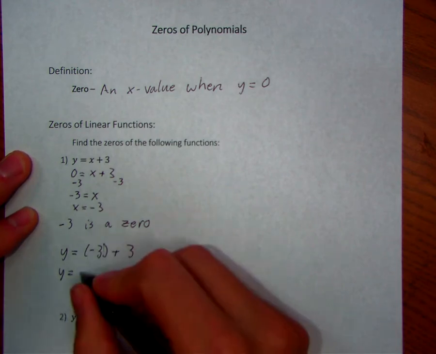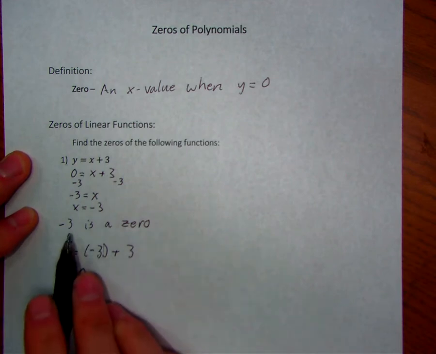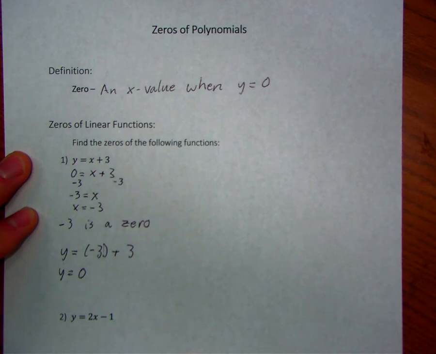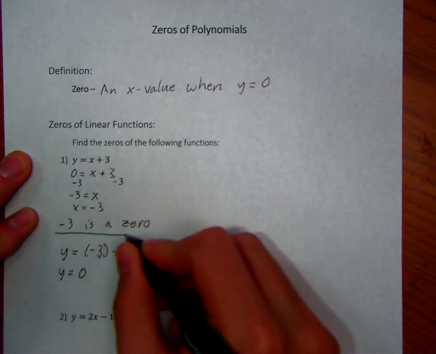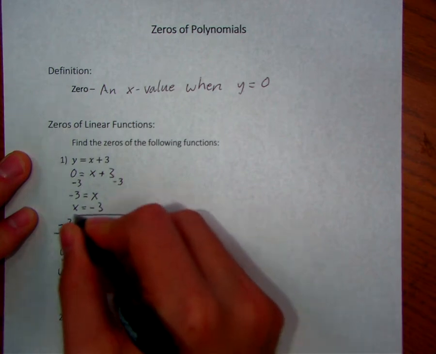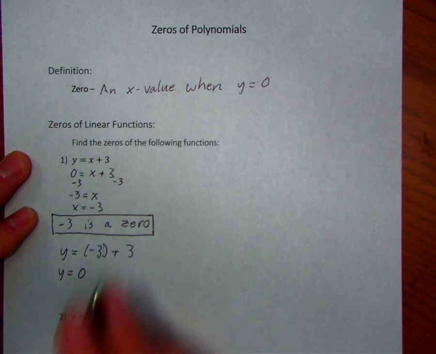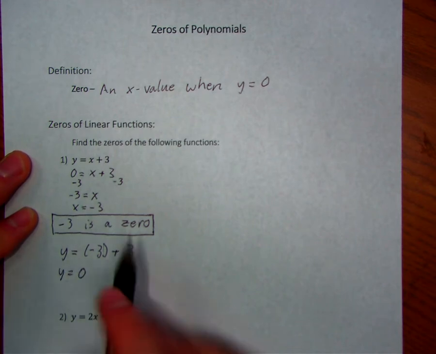Negative 3 plus 3 is 0, which means that when I put negative 3 in for x, that makes y equal 0. What does that mean? That means that, yes, I really did find the 0 of the function. Negative 3 really is my 0. So I'll box it to say that's my answer. Negative 3 is the 0 of that function.